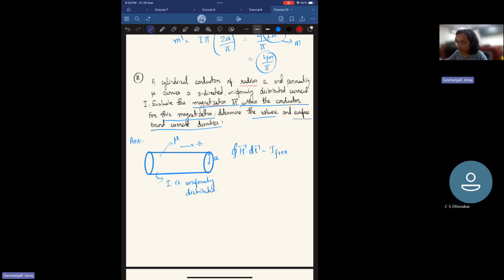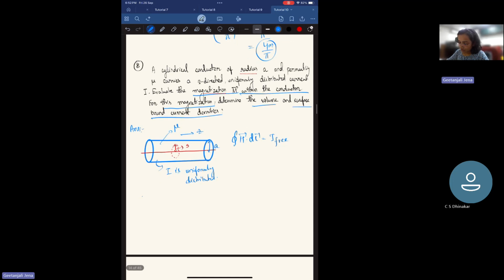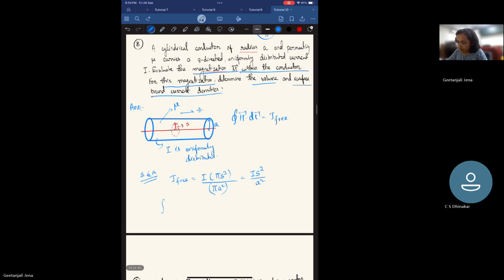We can take an Amperian loop of radius, let us take this as S. For S less than or equal to radius A, the total free current enclosed is, since it is uniformly distributed, I pi S squared by pi A squared, which is I S squared by A squared.